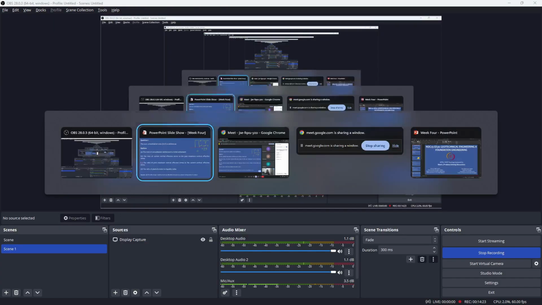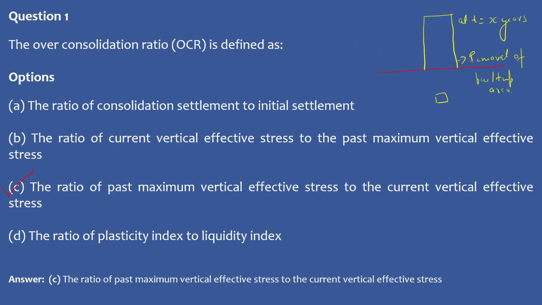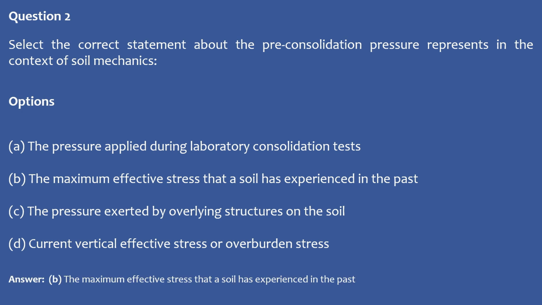So the correct answer of the second question is the maximum effective stress that the soil has experienced in the past. So this is how you can define this.